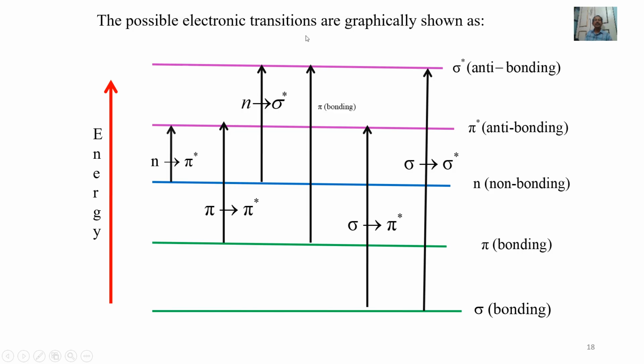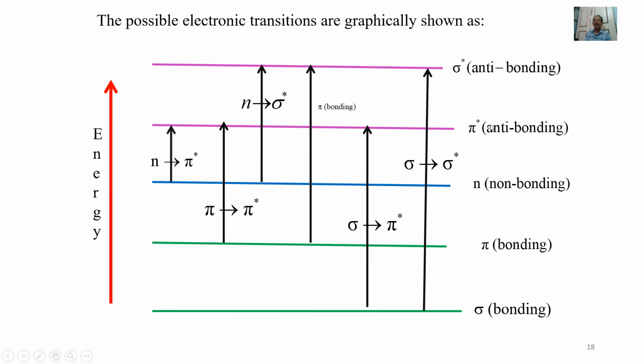So this is the pictorial representation of possible electronic transitions. We have sigma, pi, and n levels here. Sigma and pi refer to bonding levels, and n is non-bonding.